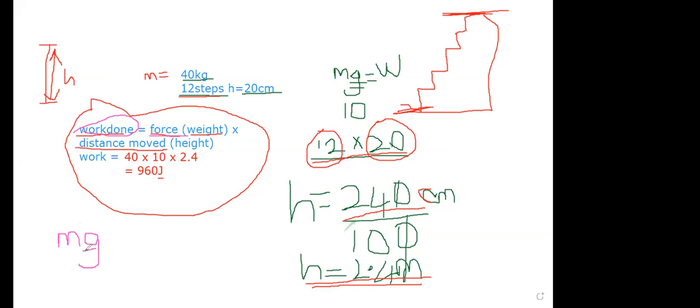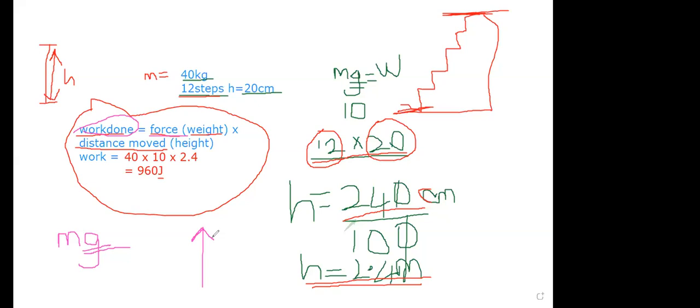Now, someone asked me, what does acceleration due to gravity mean? When a body is thrown upwards, for example, you throw a stone up, it comes back down because of a force called gravitational force.